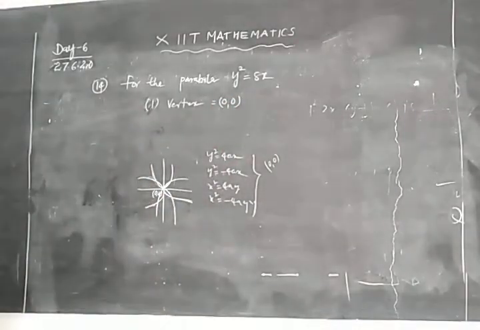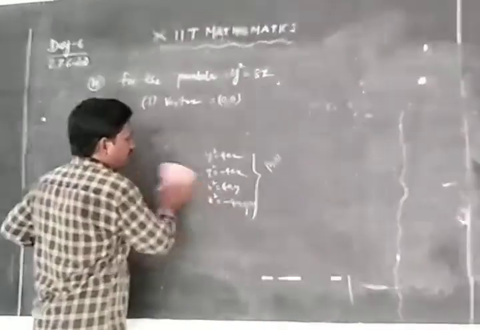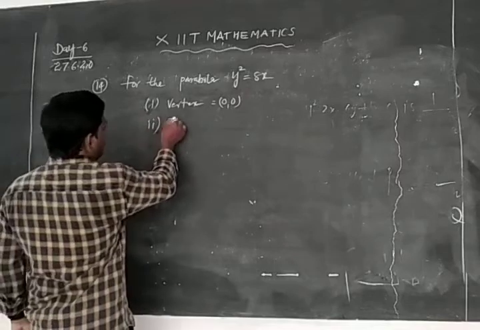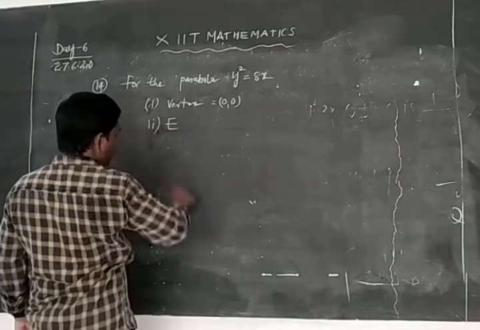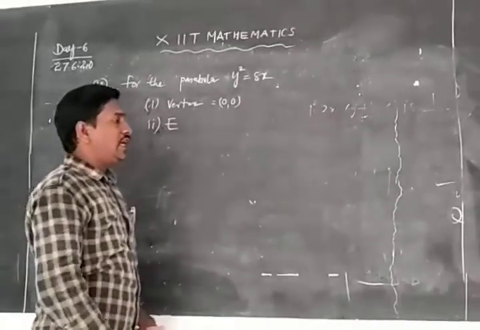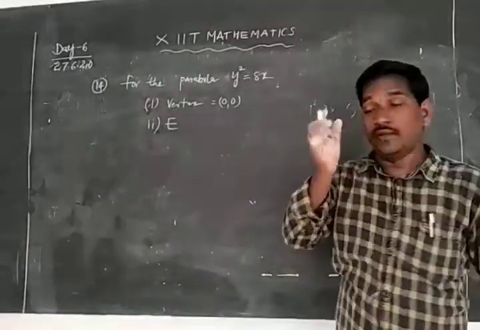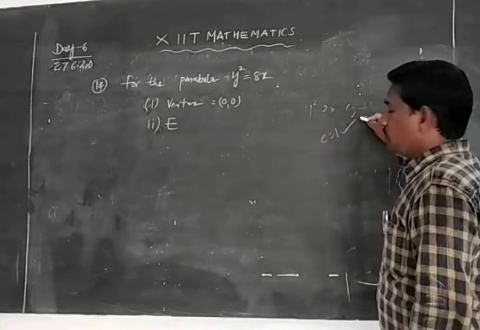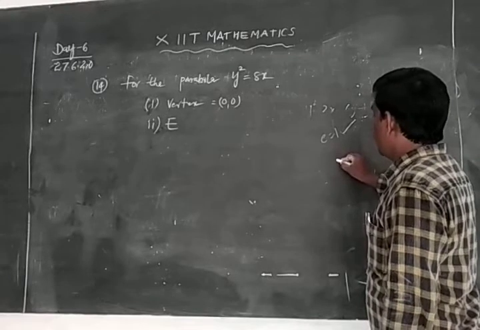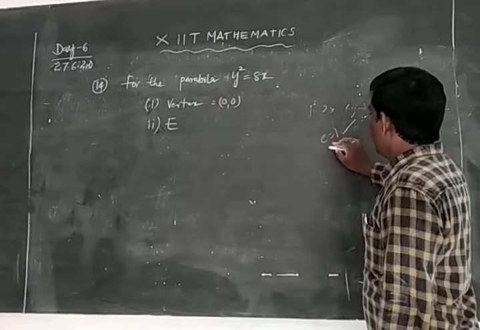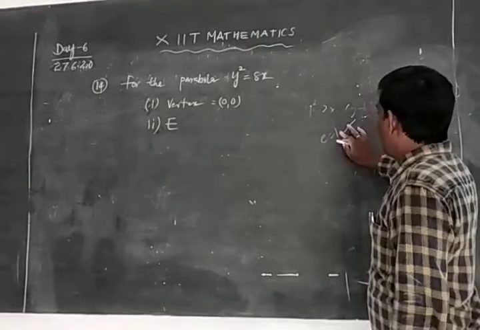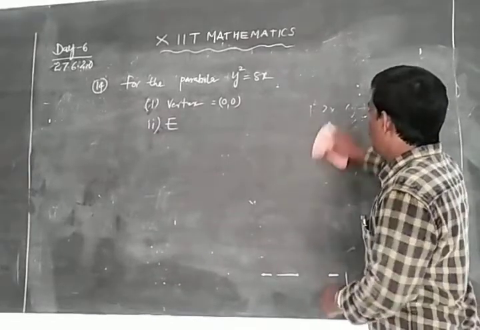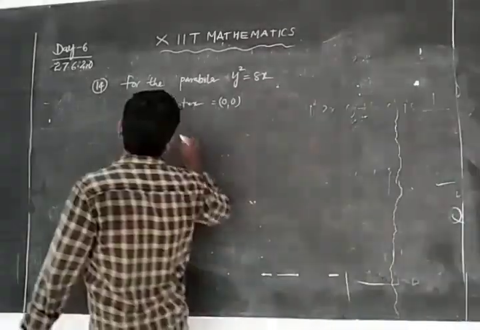Next one, eccentricity. In the previous problem, I told that the eccentricity of any parabola is 1. Why? Because the condition of the parabola is SP by PM equal to 1. E equal to 1 is parabola, E less than 1 is ellipse, and E greater than 1 is hyperbola. E equal to 1 for the parabola.